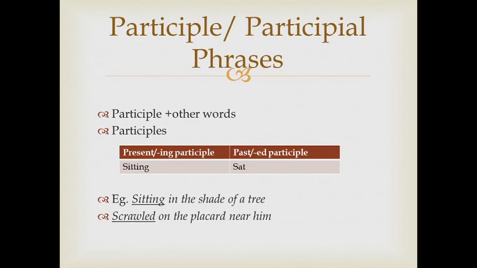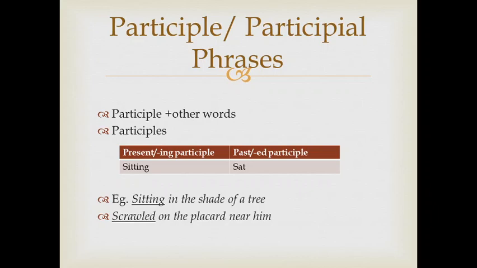One is the present participle or the ing participle, and the second one is the past participle or ed participle. I have given an example. The present participle form of the verb sit is sitting, and the past participle form of sit is sat.